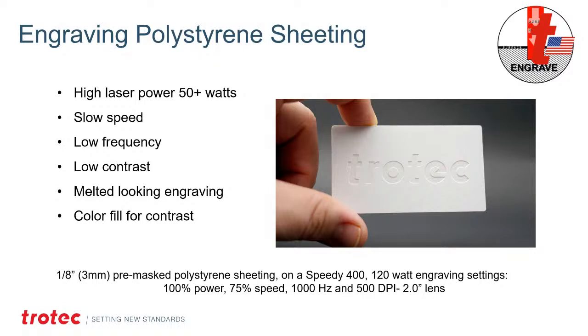And if you want contrast, we would have to color fill it, and I will explain that. This was basically a single piece of 3mm, 1/8 inch, pre-masked polystyrene sheeting on a Speedy 400. And there at the bottom are the engraving settings I used to engrave that Trotec logo into the surface of it with that wattage.